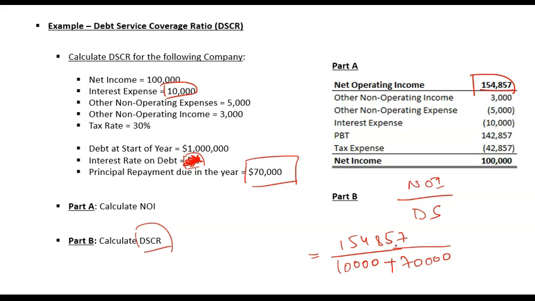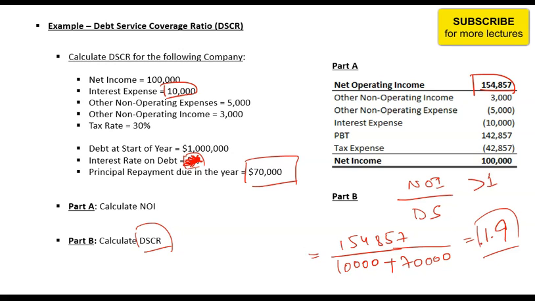So it will be 154,857 divided by 80,000, and when you do it, it will be, I think, 1.9. What is the answer? 1.9. So this is your answer to debt service coverage ratio. It is greater than 1 and sufficiently greater than 1. That means you are in a good position to keep paying your loan liability.